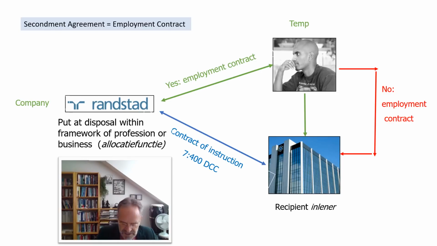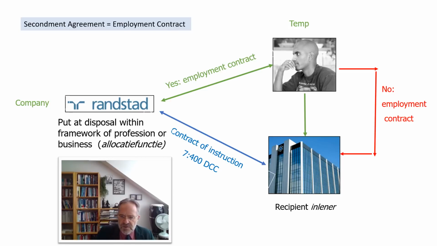Now that is the difficult situation of three parties, two types of contracts, and the recipient, which by law, that is in the previous slide, has the opportunity to include in the contract the opportunity to send the temp home without any longer being bound to the contract with the temp agency.